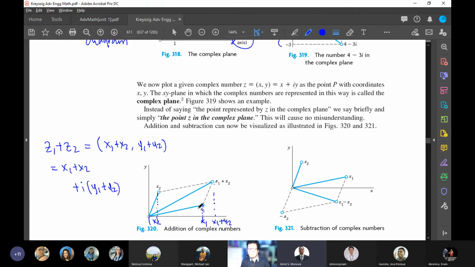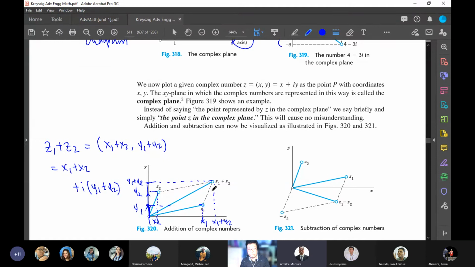Same thing with y. This is your y1, this is your y2, and when we add this one and this one, we will have something like this. That is your y1 plus y2. So you can now locate the sum at another point.